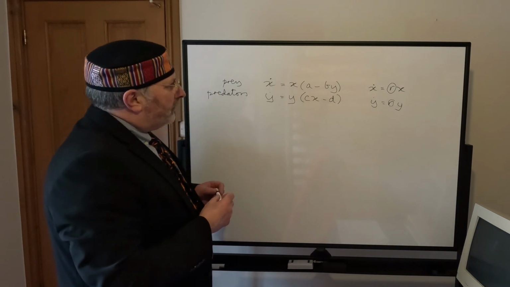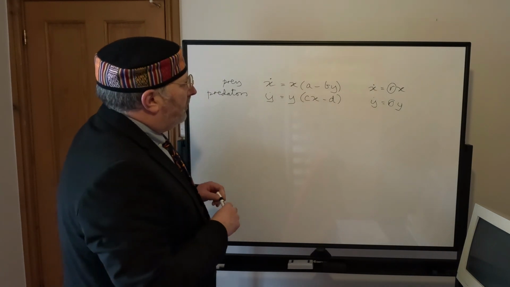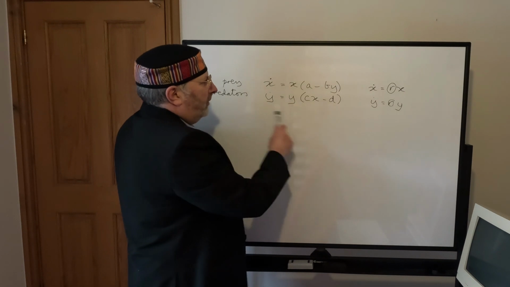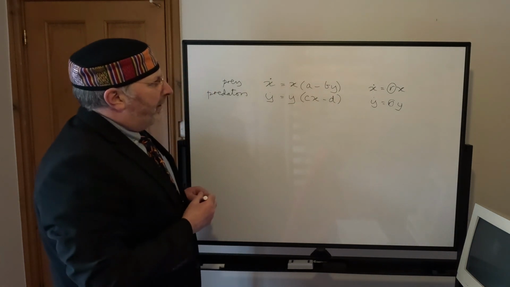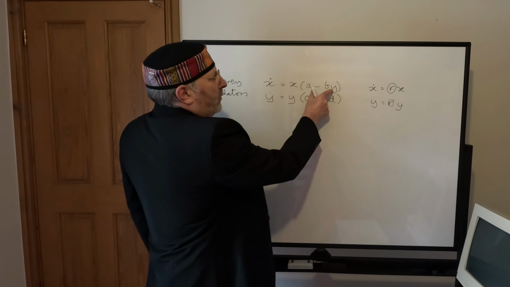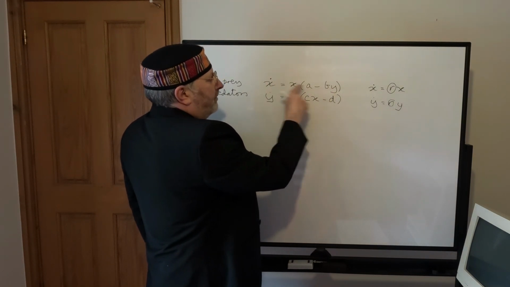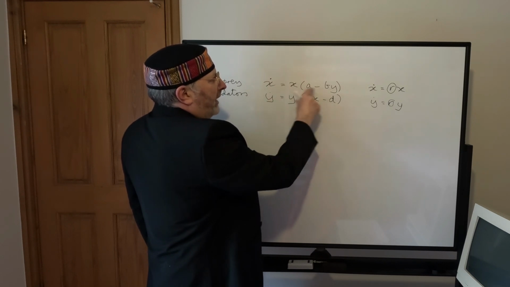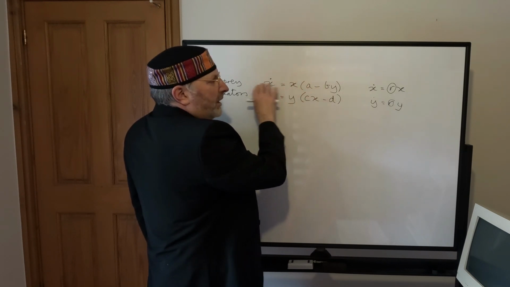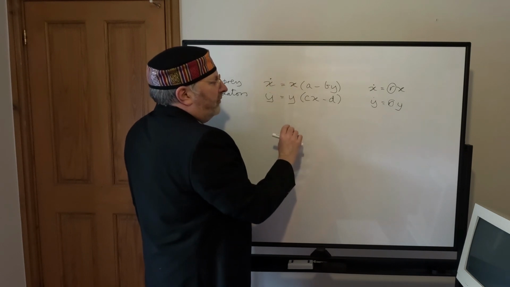Now we can find that there is a point at which they would be in equilibrium, because if A minus BY is 0, then the prey population would not increase. It would be 0 times X, so it would stay the same. It would neither increase nor decrease.